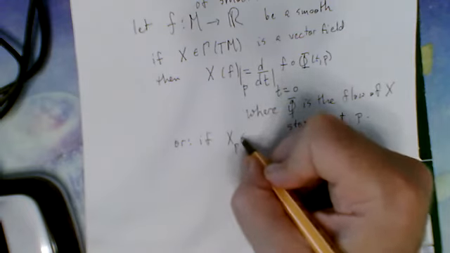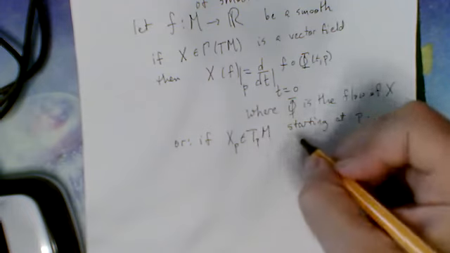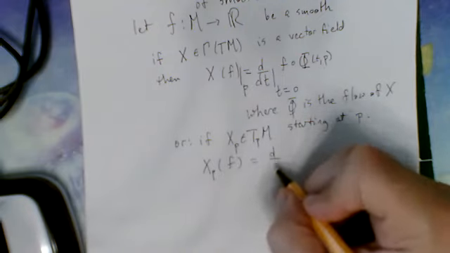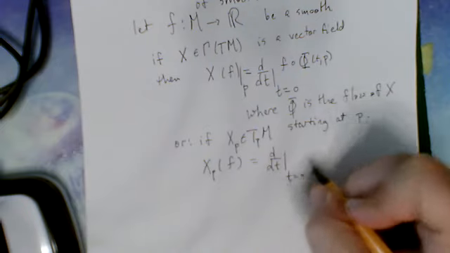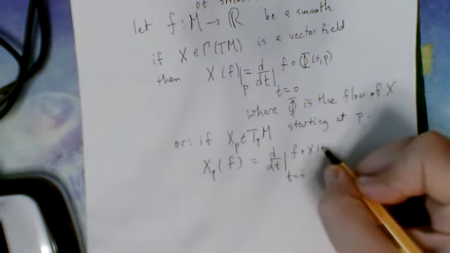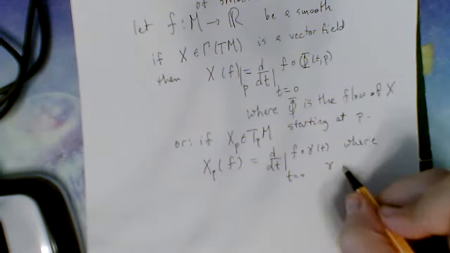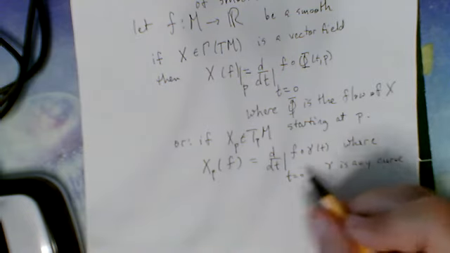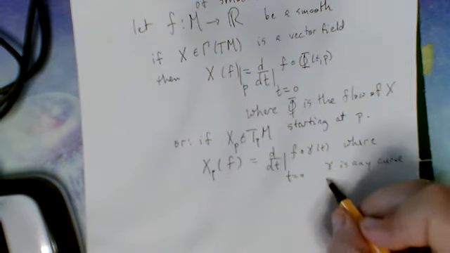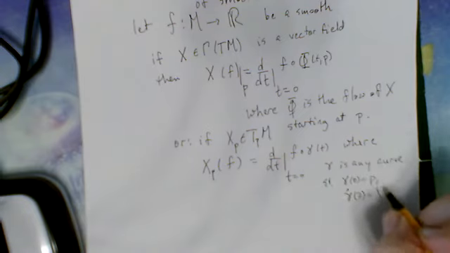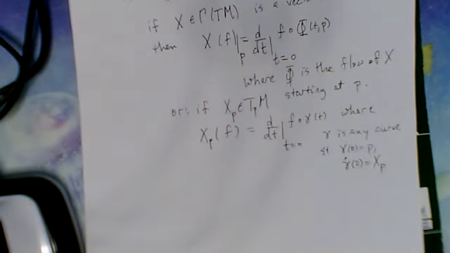If I have a vector in my tangent space, I can say that X_p acting on the function f is the derivative with respect to t, where t is equal to 0, of f composed with gamma of t, where gamma is any curve representing the vector X_p. So gamma of 0 is equal to p, gamma dot of 0 is equal to X_p.